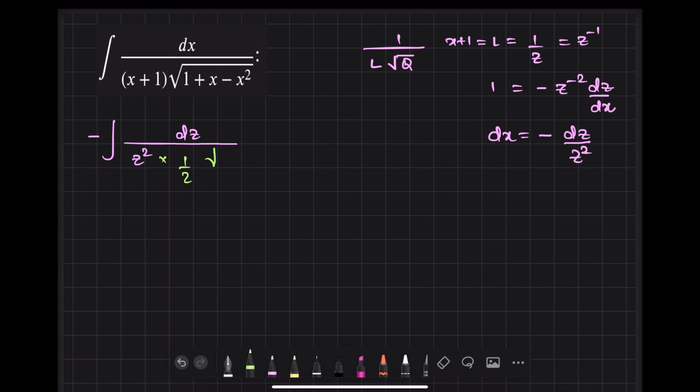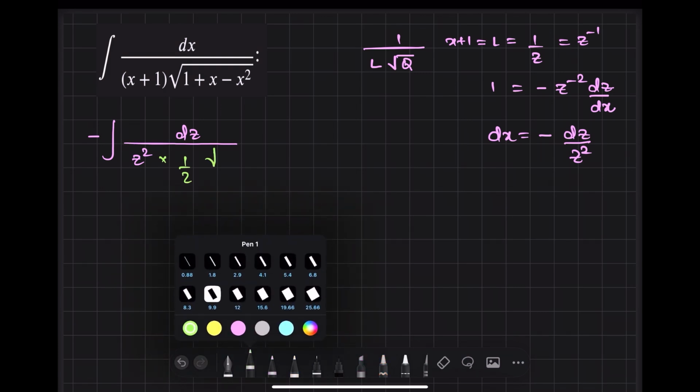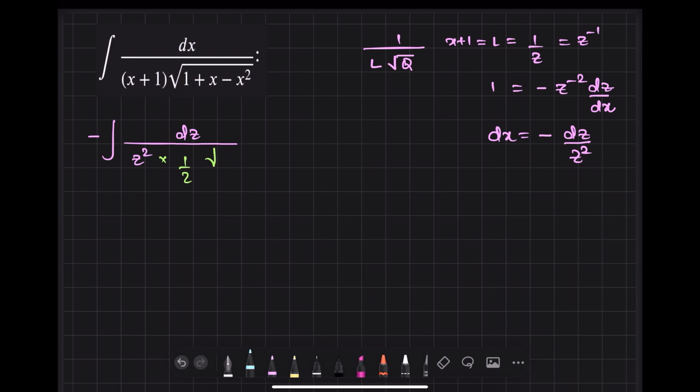And then you have the root, so you have to manipulate the root. So x plus 1 is 1 by z, and minus x square. x is what? 1 by z minus 1, whole square. Okay, so this thing is gone.